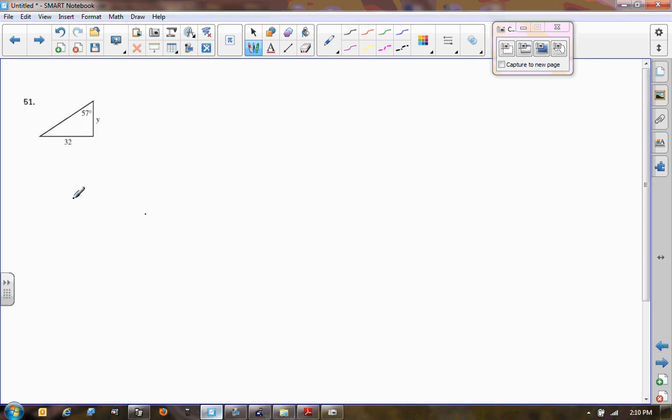Here's 51. You've got to find the y. Here's theta. So this is O, A, and this is H. So TOA, that's tangent of theta is 34 over y.